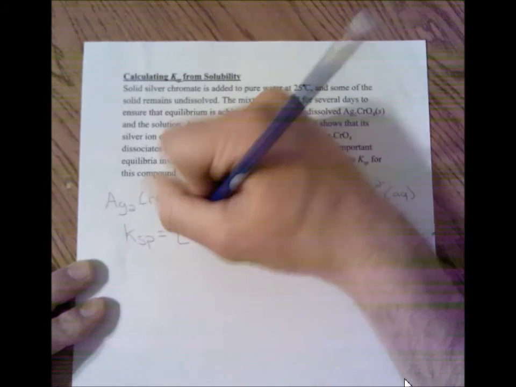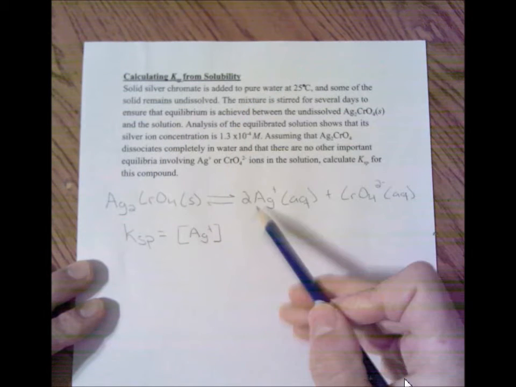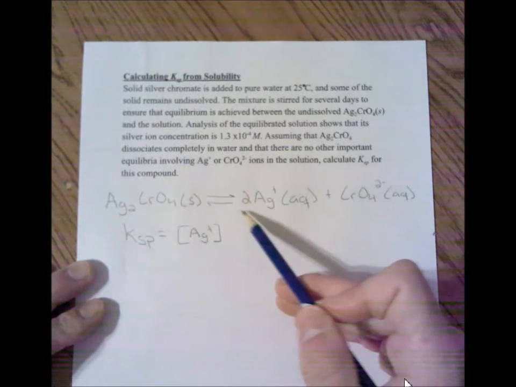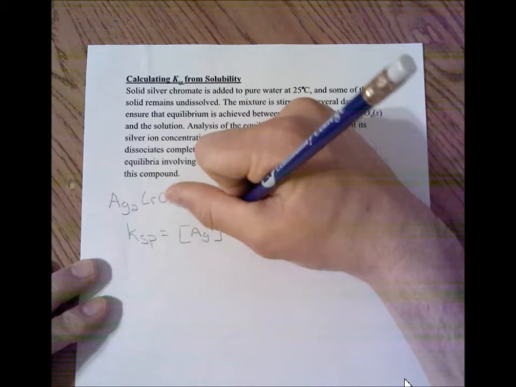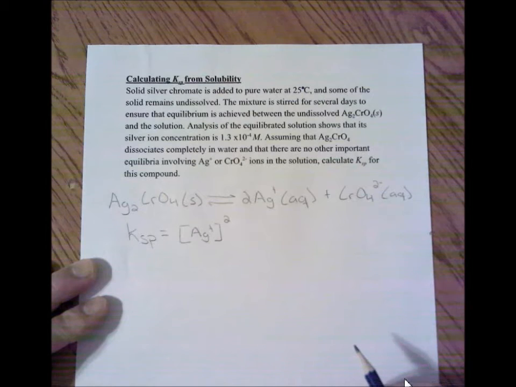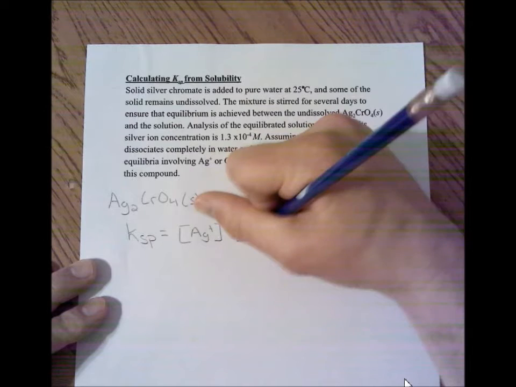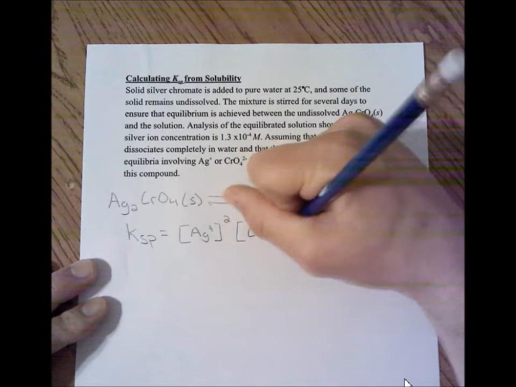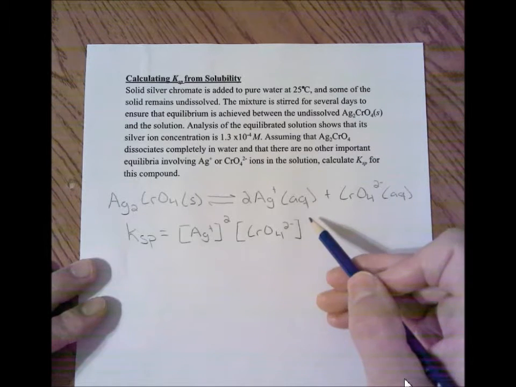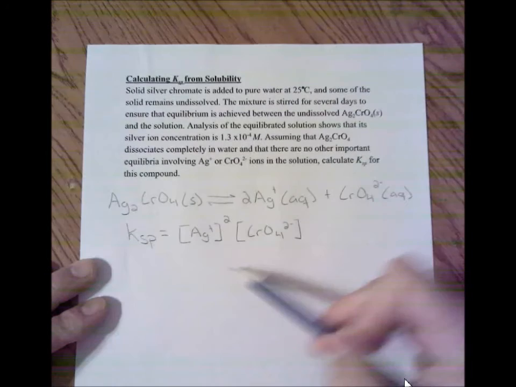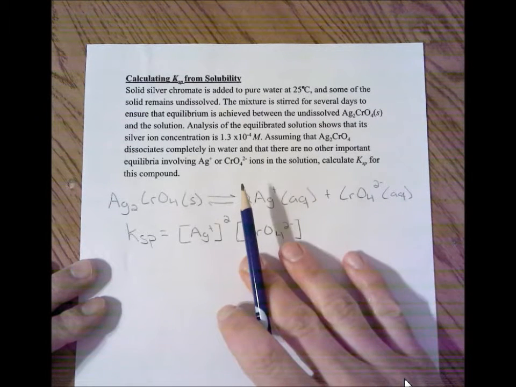But remember, we have to raise it to this stoichiometric power. So we put a 2, or we raise it to a power of 2. Now, for our chromate ions, there is only a coefficient of 1, so we put those brackets to represent our concentration, and we raise it to the first power, which we don't write, but that is our KSP expression. We're going to come back to that here in a second.